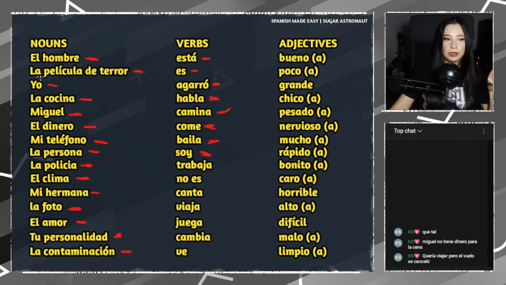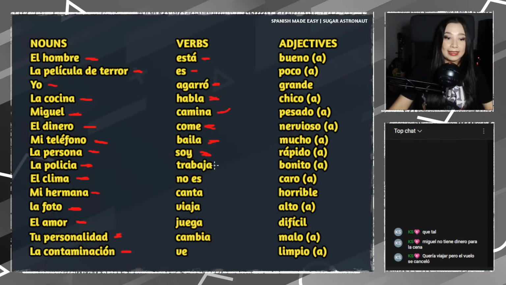For example, if we're talking about la película de terror, la película, okay? Then you can use está for that. We will talk about that in a second. Let's just say all the meanings of the words, and then we can construct the sentences, okay?